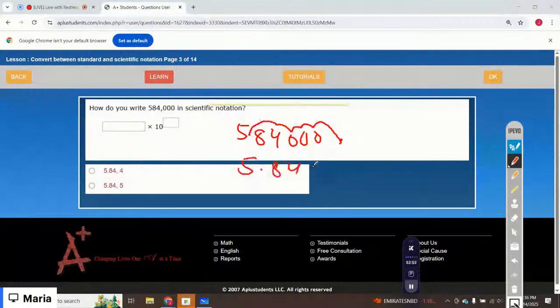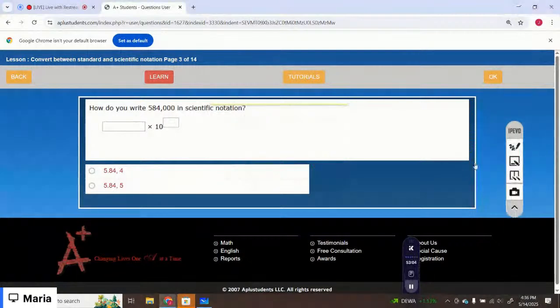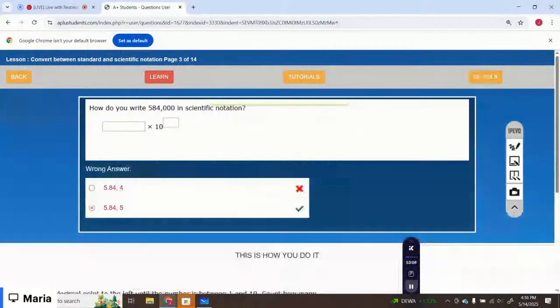So that is 5.84 times 10 exponent 5. Option number one is the correct option.